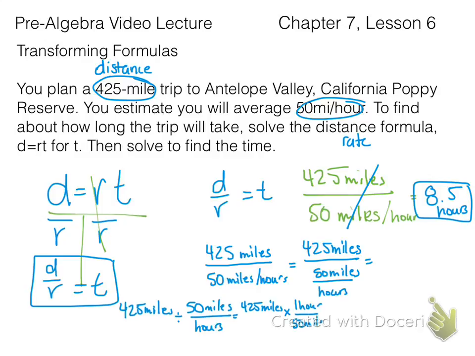Multiply by the reciprocal, and then the miles are going to cancel out, and it leaves you hours. That's why it works. So pay attention to that. This is still a fraction right here, which is what allows us to have hours on the top.